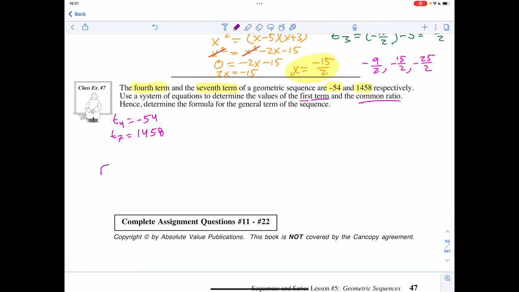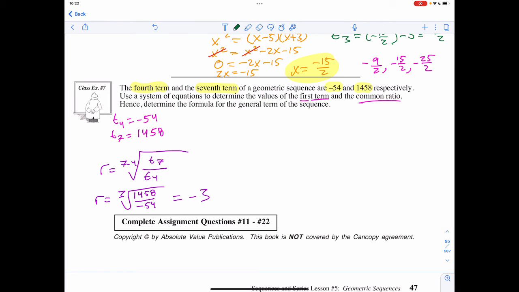The common ratio is going to equal the 7 minus 4 root of term 7 divided by term 4, which means that the common ratio is going to equal the cube root of 1,458 divided by negative 54. This gives me a common ratio of negative 3.